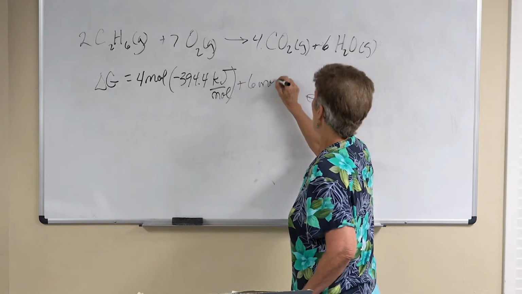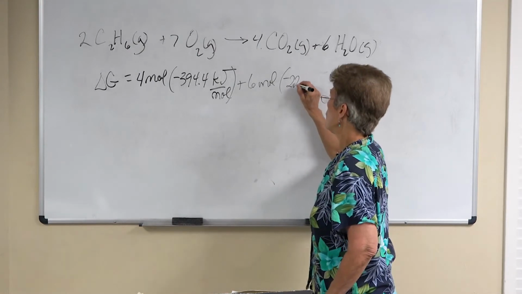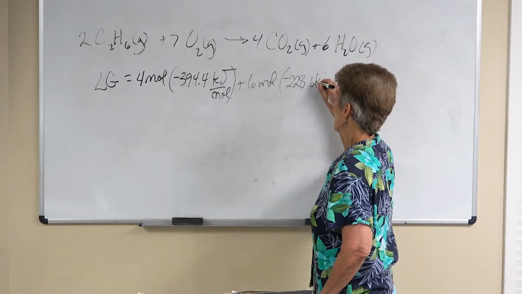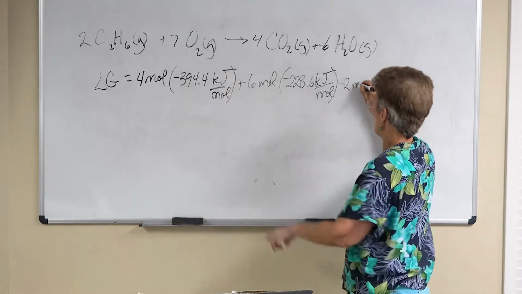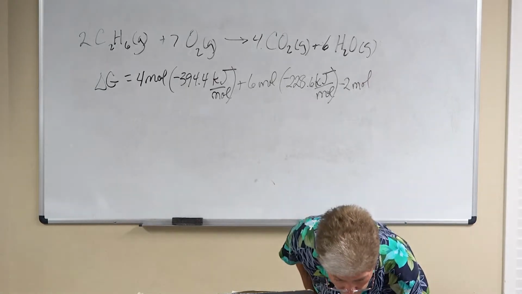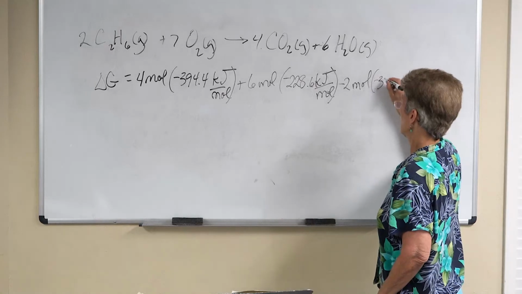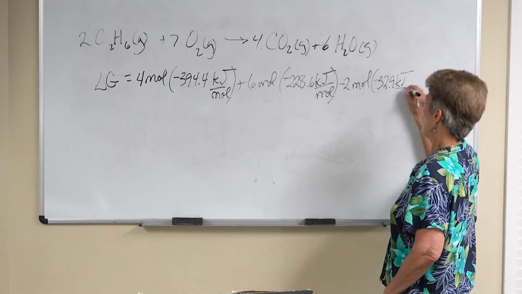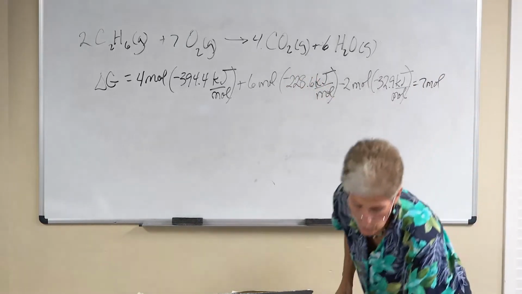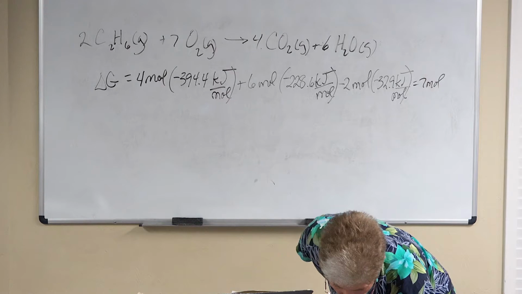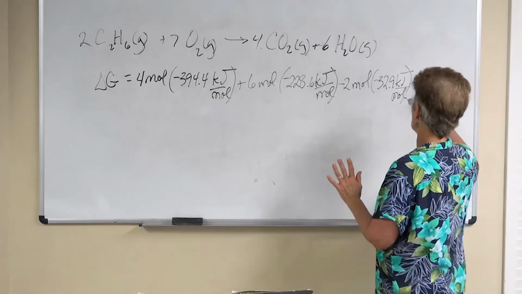Plus 6 moles of gaseous water, which is negative 228.6 kilojoules per mole, minus 2 moles of C2H6 gas, negative 32.9 kilojoules per mole. And the last one is 7 moles of O2, which is not on there because the elements zero out again. Yay! So that's a 0.